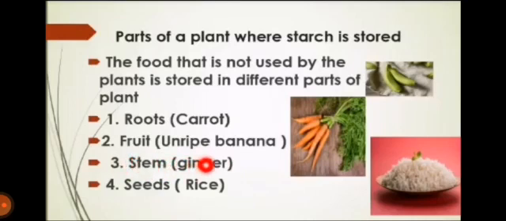Similarly, onion is also a stem. So onion, ginger, potatoes, all these are stems, and sugarcane. So sometimes plants store their extra food inside their stem and those stems are used by human beings and by animals. Similarly, some plants store their extra food inside their seeds.